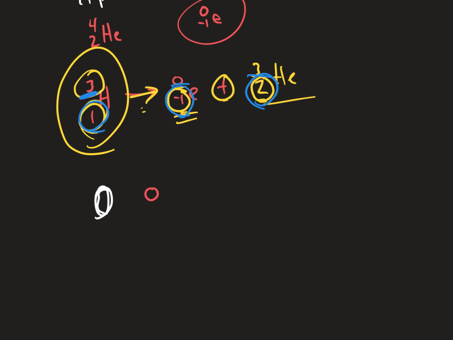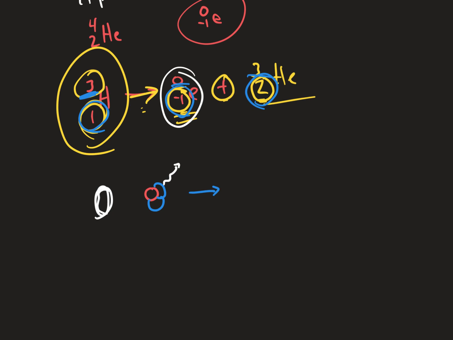Has 1 proton, let's say the red is proton, and then it has 2 neutrons, right? That's what it looks like before. And then what happens is a little tiny electron comes off of this, comes off the neutron.